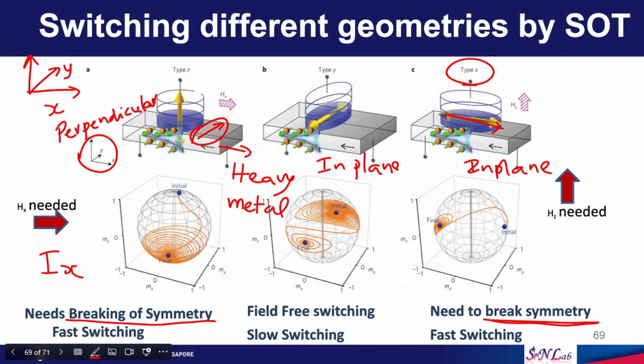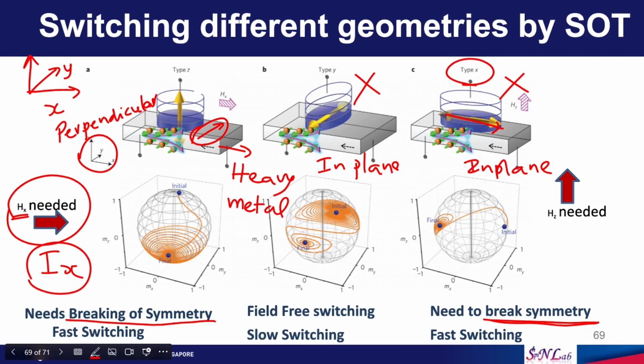Basically you can make MRAM in 3 geometries, but this is only physics study. We are not going to use these 2 in products, because we are going to use perpendicular MRAM. So, you need to apply a magnetic field Hx along the direction of your current to break certain symmetry.